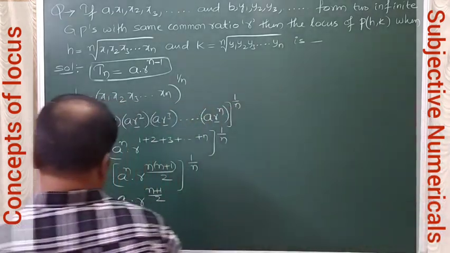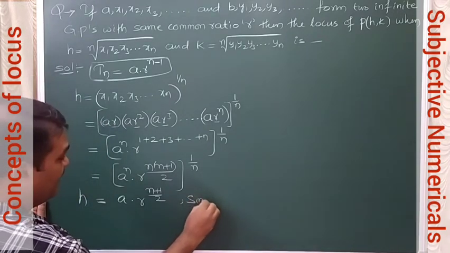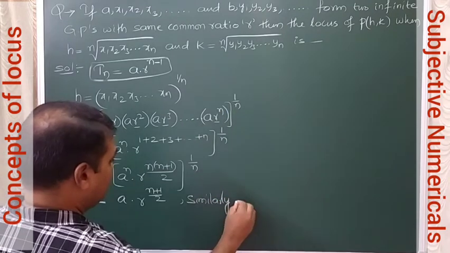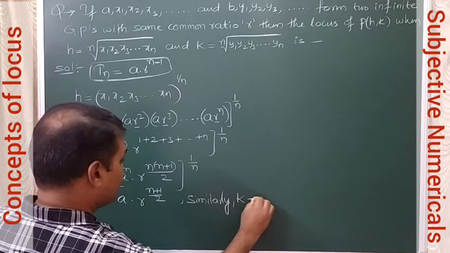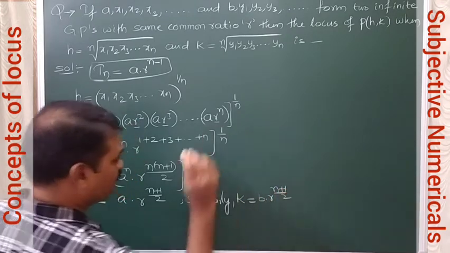So directly I will write similarly, when we solve this one, we will get K equal to B into R power n plus 1 by 2.